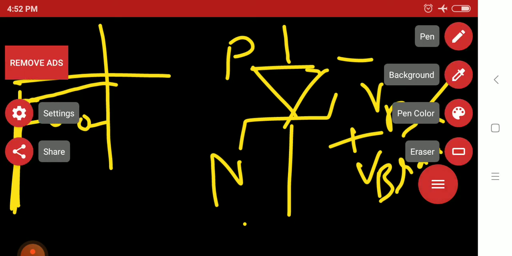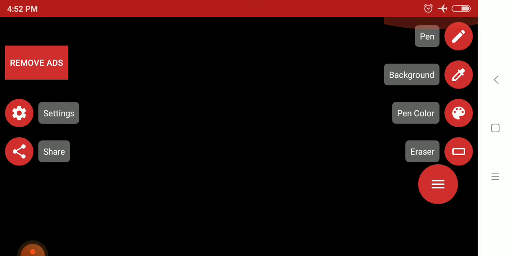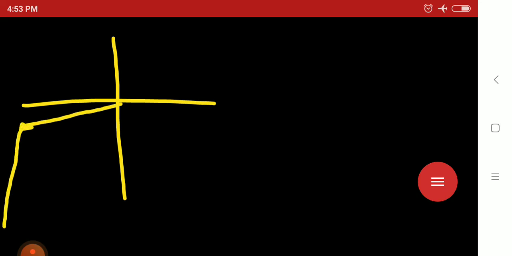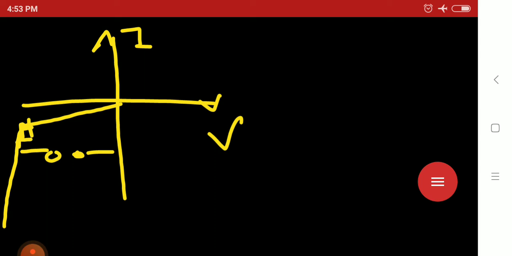I am showing it by figure also. In the I versus V graph, before crossing the breakdown voltage, the Zener diode acts as a broken wire.